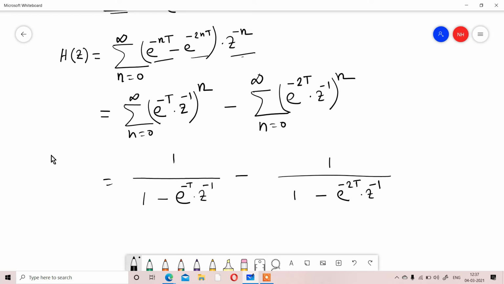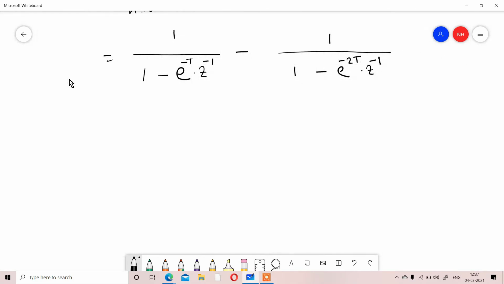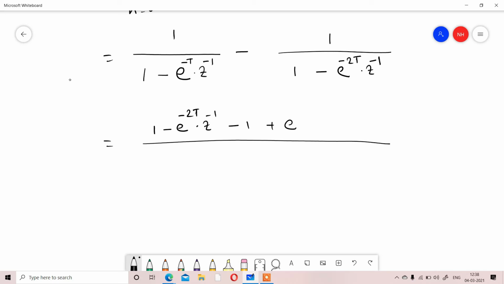So these are the two values you are getting. And simply if we add up, 1 minus e to the power minus 2T z to the power minus 1, minus 1 plus e to the power minus T z to the power minus 1, over 1 minus e to the power minus T z to the power minus 1 multiplied by 1 minus e to the power minus 2T z to the power minus 1.